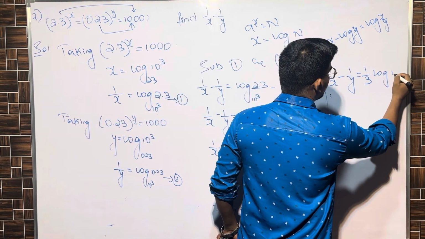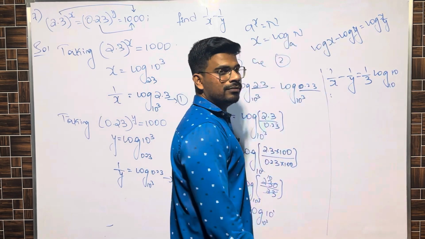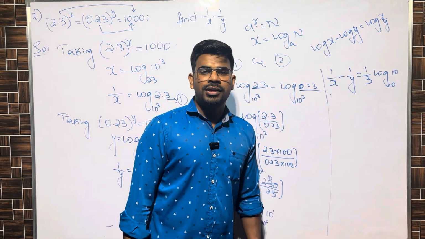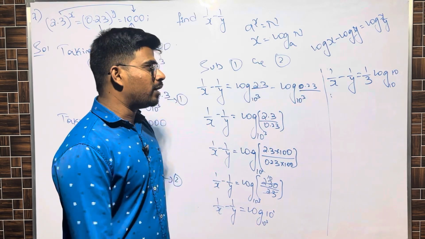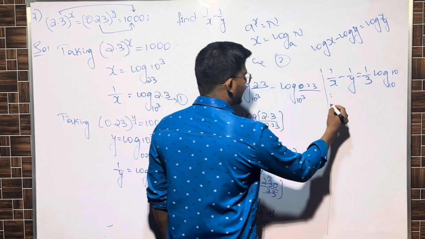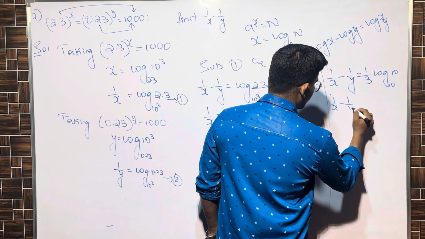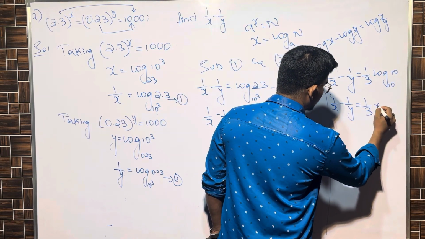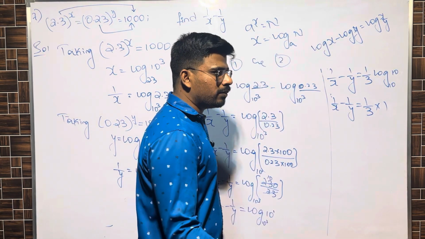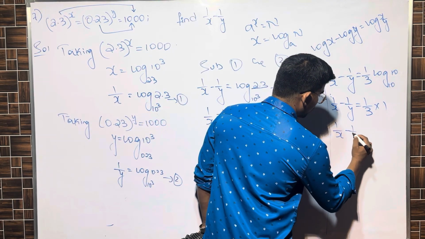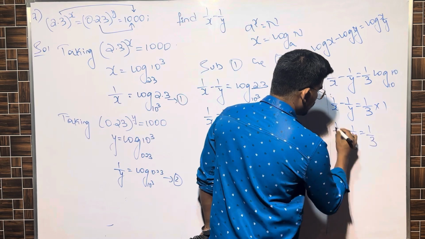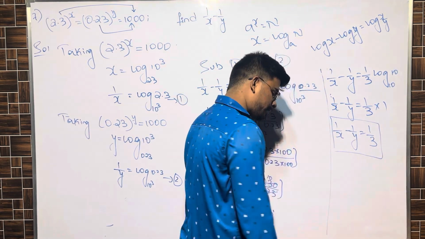Log a to the base a, I've already told you, is 1. So 1 by x minus 1 by y is equal to 1 by 3 into 1, which is 1 by 3. So 1 by x minus 1 by y is equal to 1 by 3.